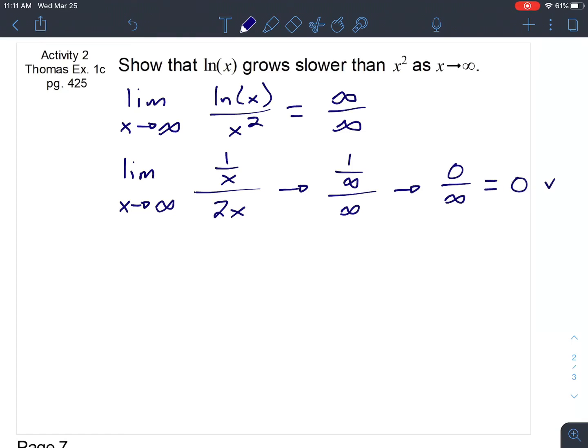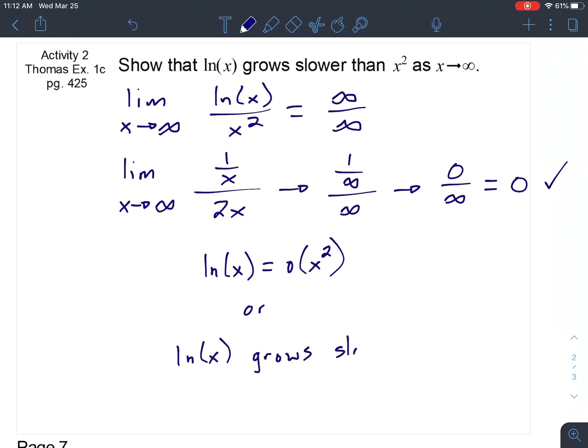So that does end up being 0. We have shown what we were supposed to show, and therefore then we have natural log of x is going to be little o of x squared. Or natural log of x grows slower.